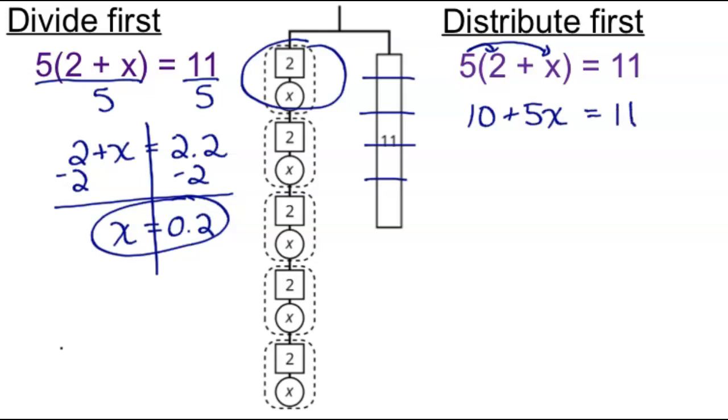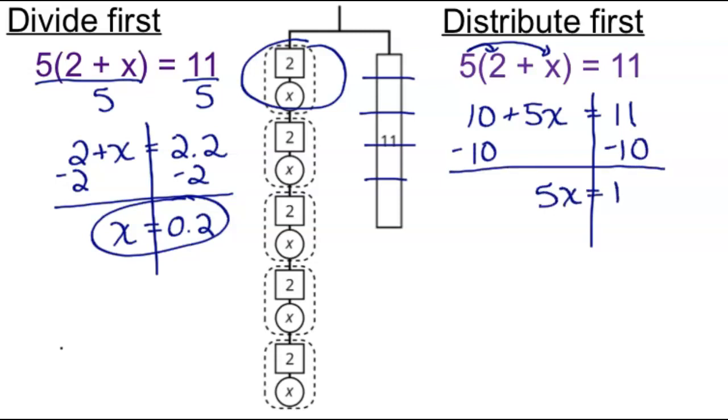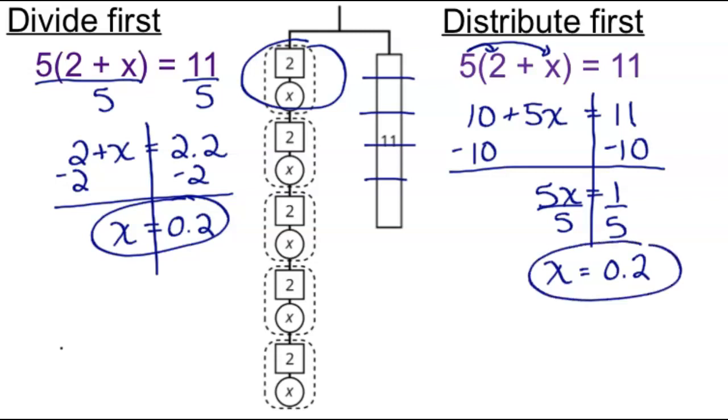So I could solve this in another way. First, by subtracting 10 from both sides, and then I get 5x equals 1. And last, I divide by 5. So I could write x equals 1/5, or I could write x equals 0.2. Notice we get the same answer either way that we do this problem.